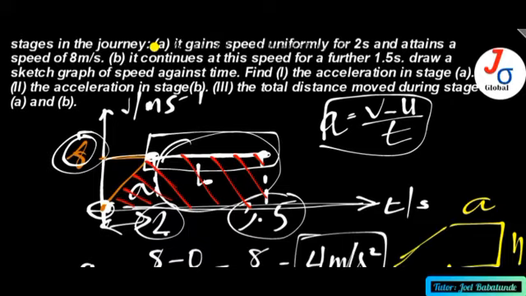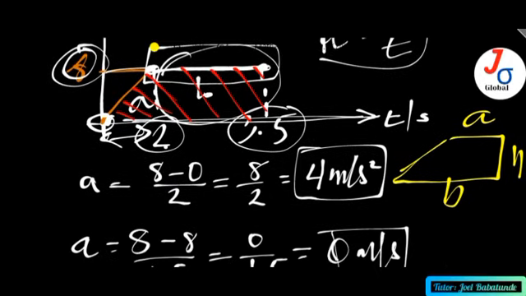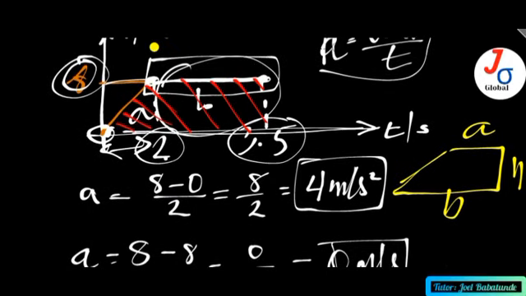Okay, good. All right, so let's start. What's going to be our b? Our b is actually the total, and that's 3.5. Okay, good. What's our a?